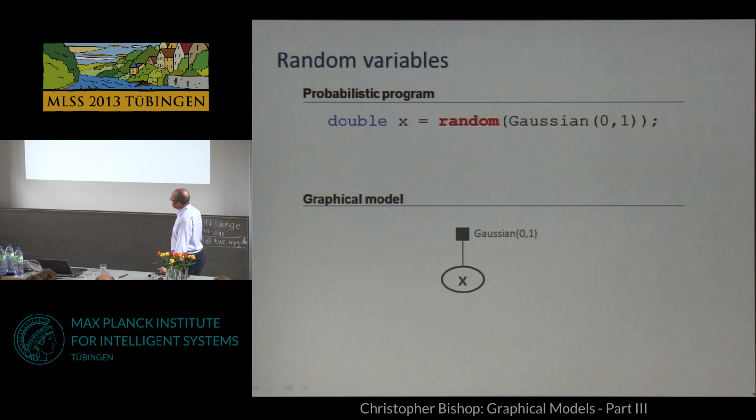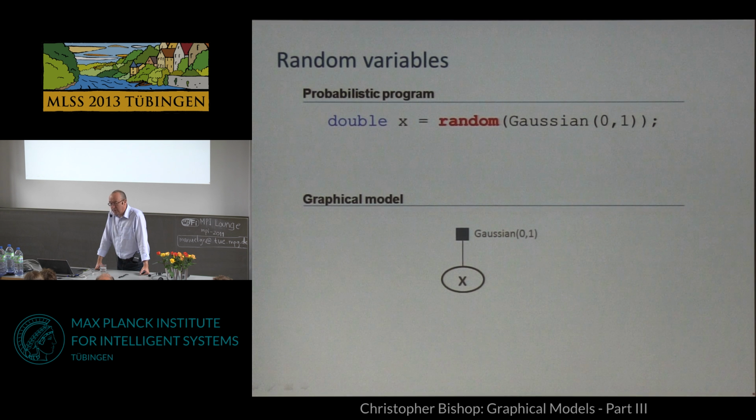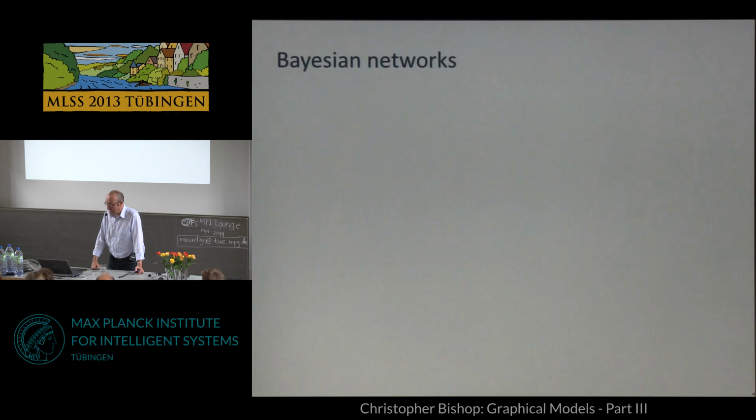And we represent that using the random keyword. So we define x to be a random variable, and its distribution is a Gaussian with 0 mean and unit precision or unit variance. So we have a relationship between the thing we drew as the graphical model and a line of code in this probabilistic programming language.